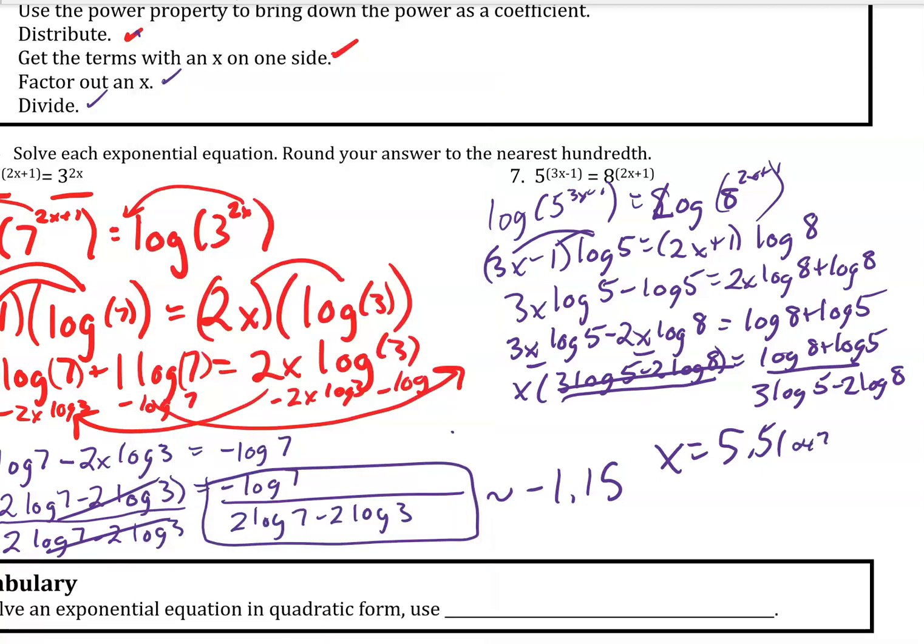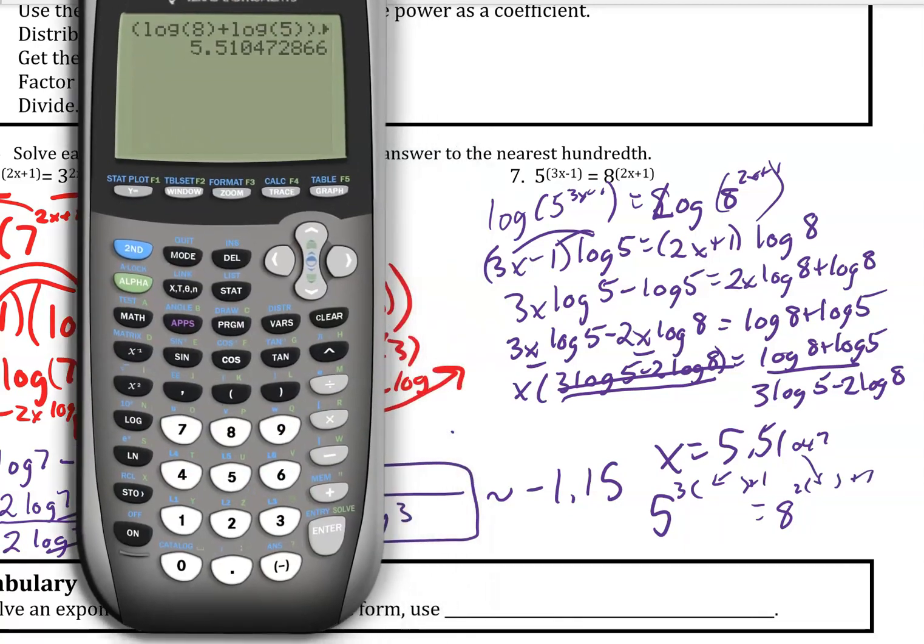So I'm going to go 5 raised to the 3 times that, plus 1, see if that is equal to 8 raised to the 2 times that, plus 1. So 5 raised to the parentheses 3 times 5.51047 plus 1.